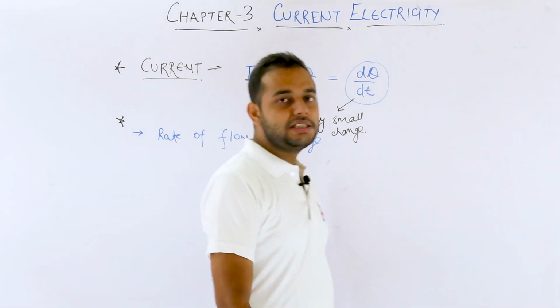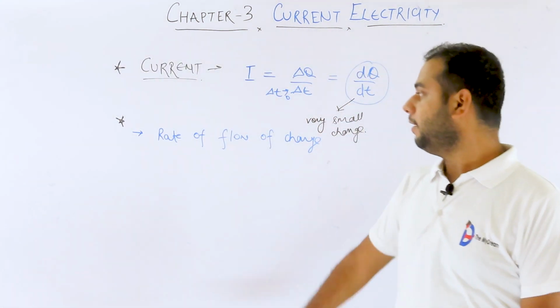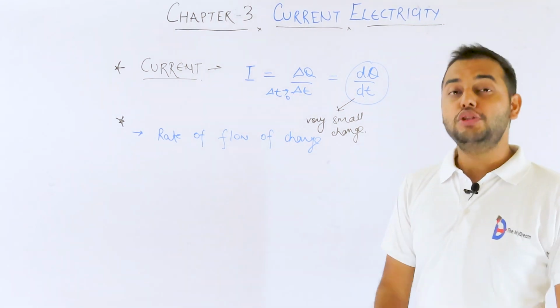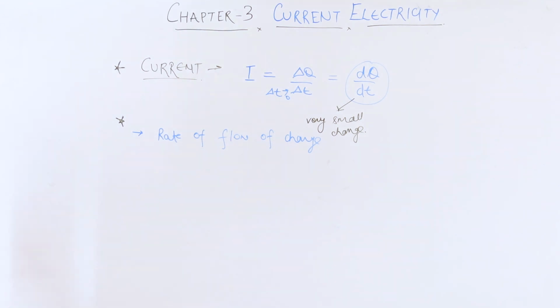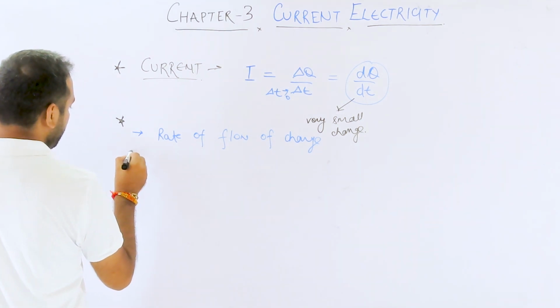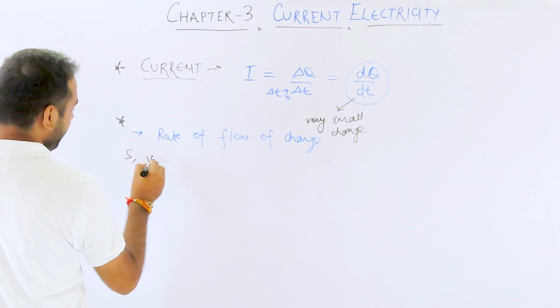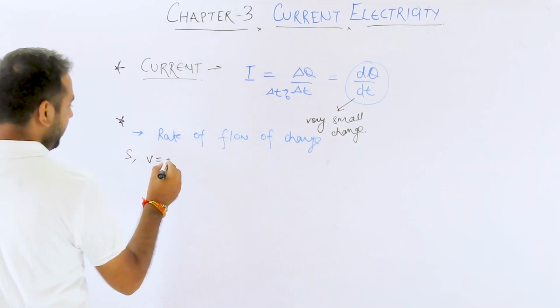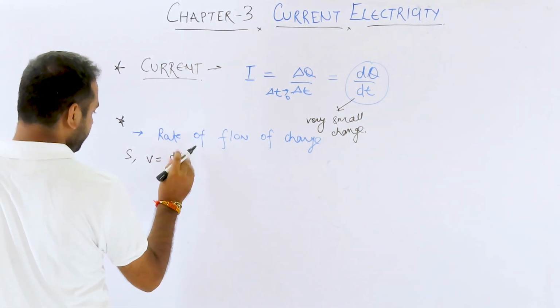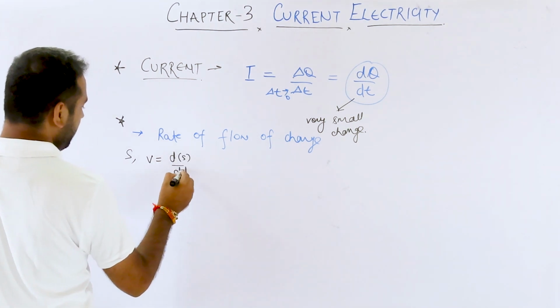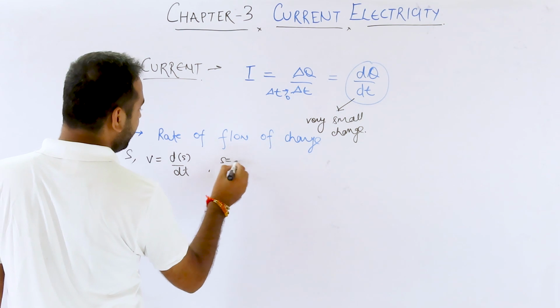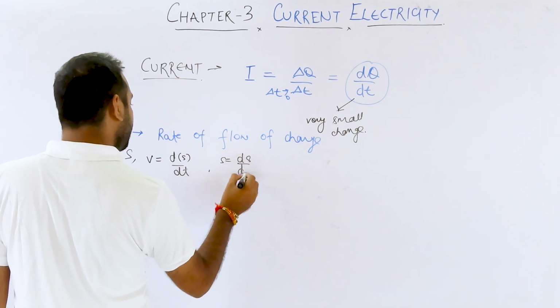Have you ever noticed that whenever you hear the quantity rate in physics, you have to divide the above quantity by time? I will give you an example. Velocity is simply the rate of change of displacement, ds upon dt, whereas speed is the rate of change of distance.